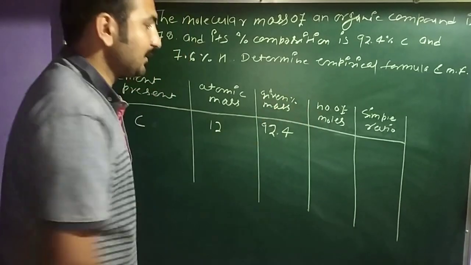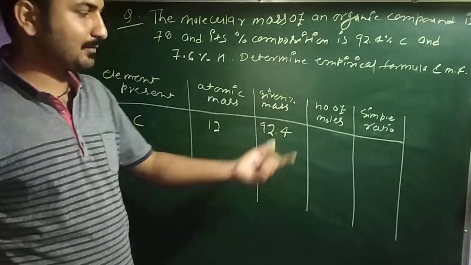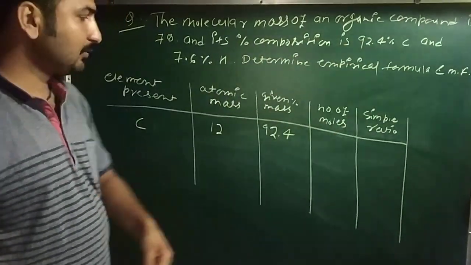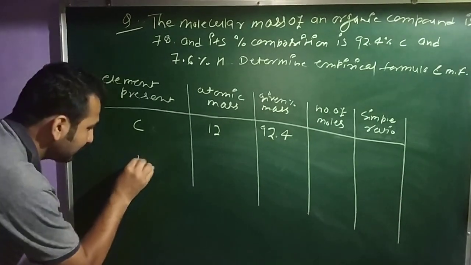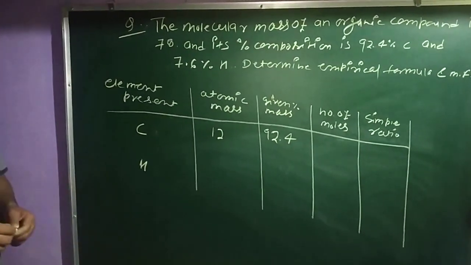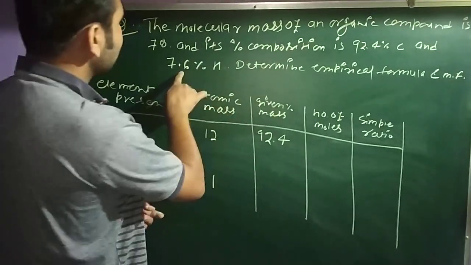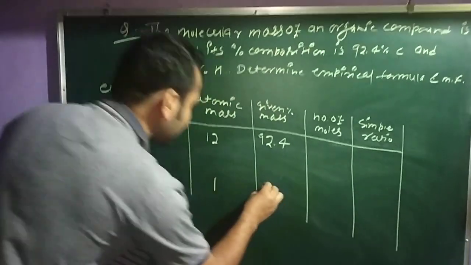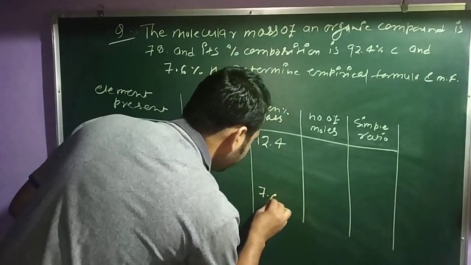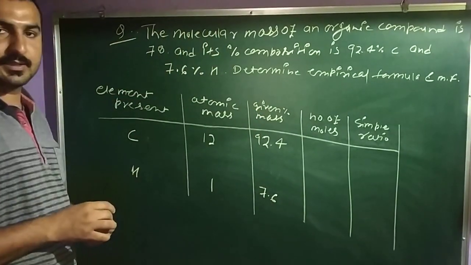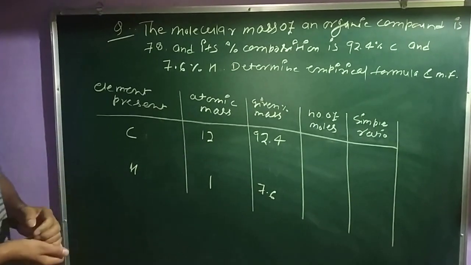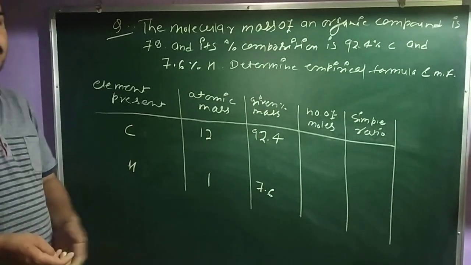We'll replace the percentage and change it into the mass. The next things we'll do further. Second, you have the hydrogen. What's the mass of hydrogen? 1. Given percentage is 7.6. Clear? So now we have the given information.